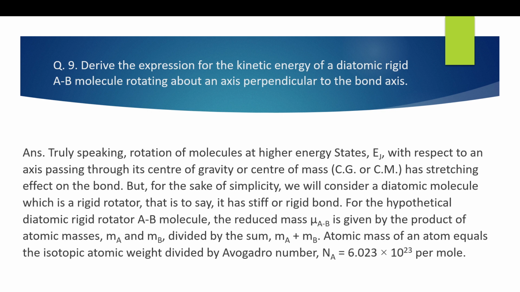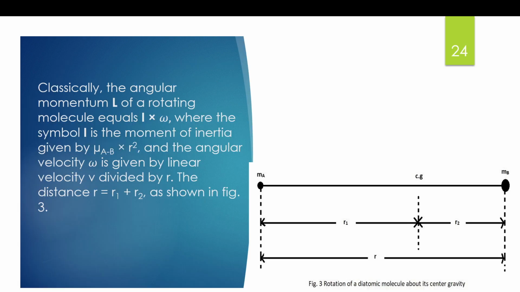So the rotation has been shown along the center of gravity, Cg. One atom is A of mass Ma, another atom is B of mass Mb. The bond distance is R, which is equal to R1 plus R2, as shown in the diagram.